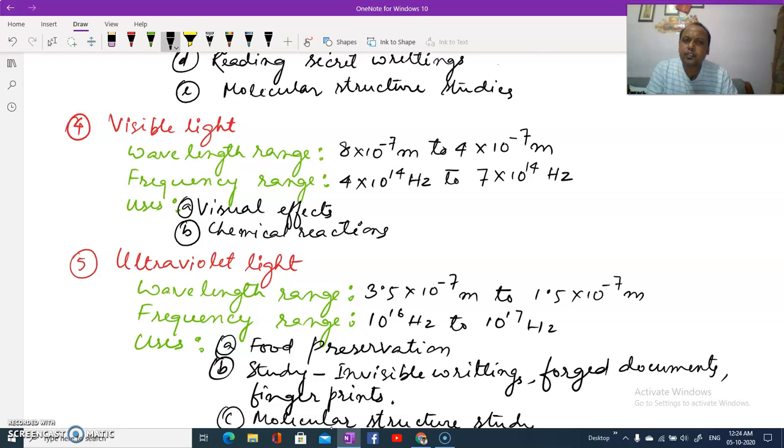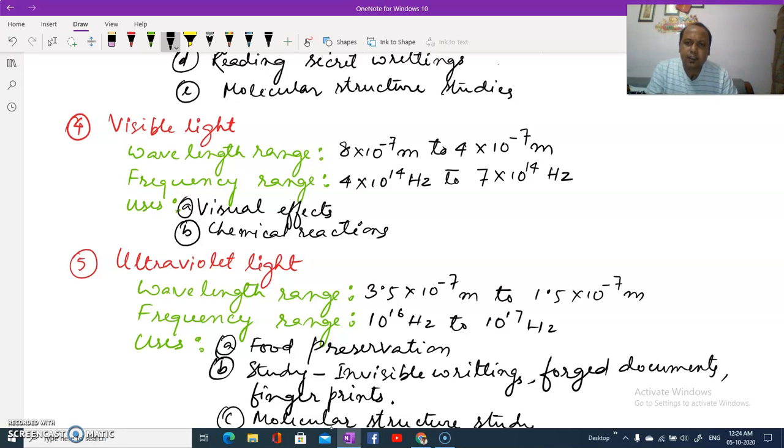The frequency range is from 4 into 10 raised to the power 14 hertz to 7 into 10 raised to the power 14 hertz. So there is a very little difference in the frequency range. Obviously, you know, maximum use of light is for any kind of visual, we can see anything because of visible light only. Some chemical reactions also take place because of the visible light.